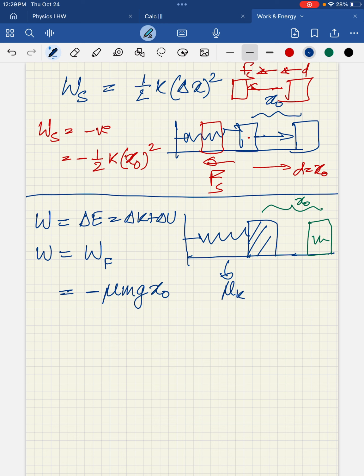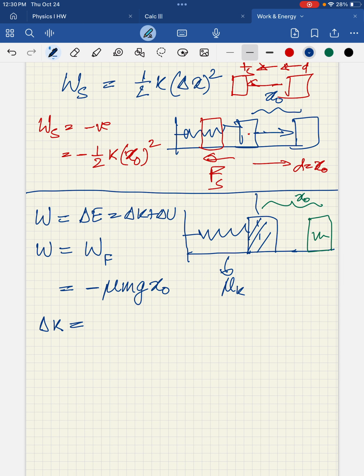On the right hand side, delta k is equal to, let me just take a step back actually. In this problem, obviously, we are pulling it from x to x0, or stretching the spring. Let's say this was the spring's natural length.